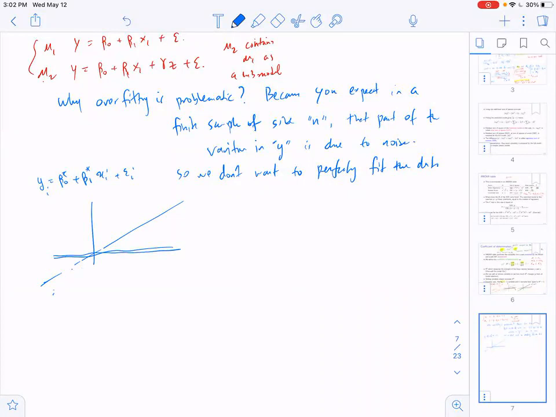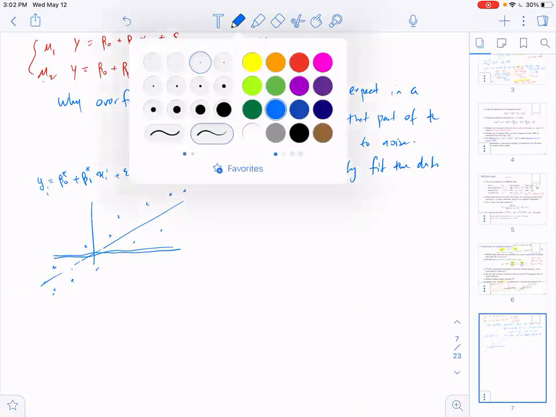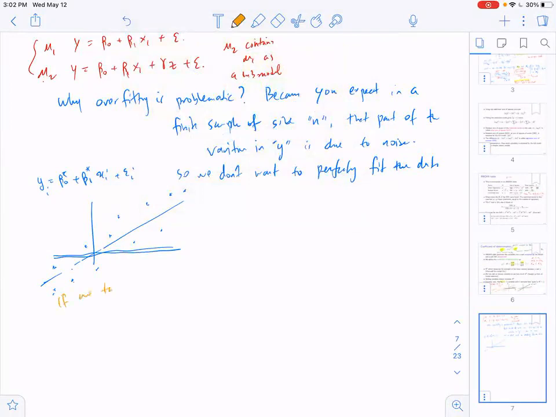You might end up with these points around this line for a certain sample size. Here, let's say n is 12.